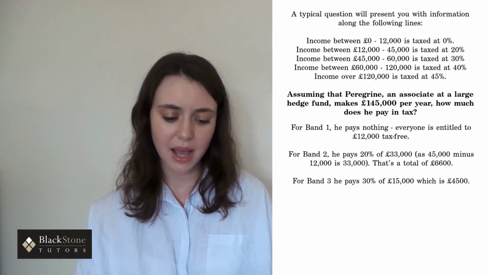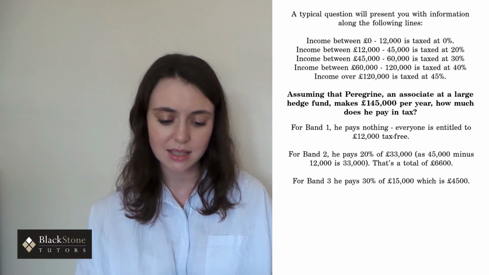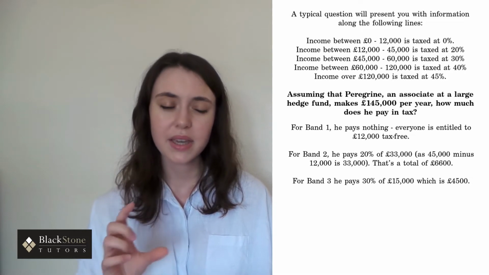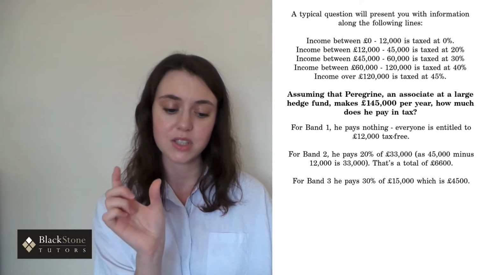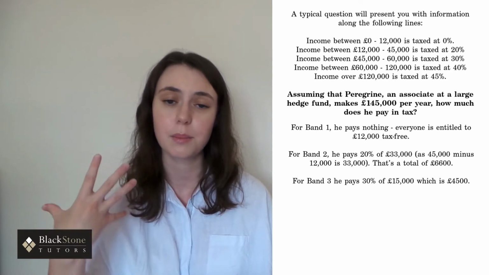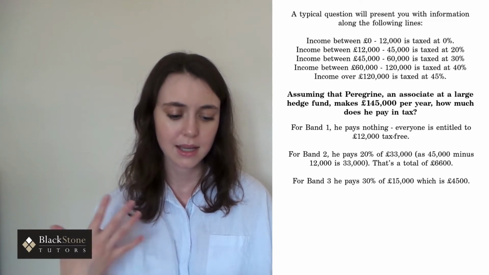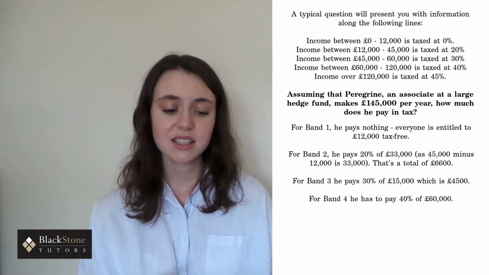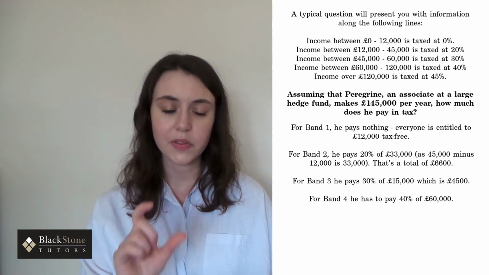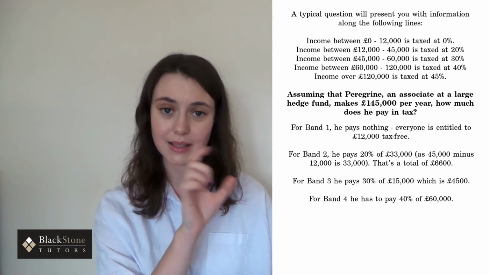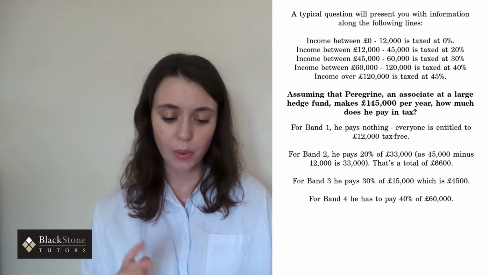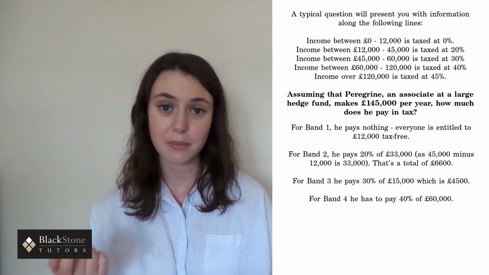Now we move on to the next band. In the next band, he has to pay 30%, which is £4,500, because he's earned that full £15,000 that's encompassed by that band. Then in band 4, he has to pay 40% of the £60,000 that is encompassed by that band, which is £24,000 in tax.